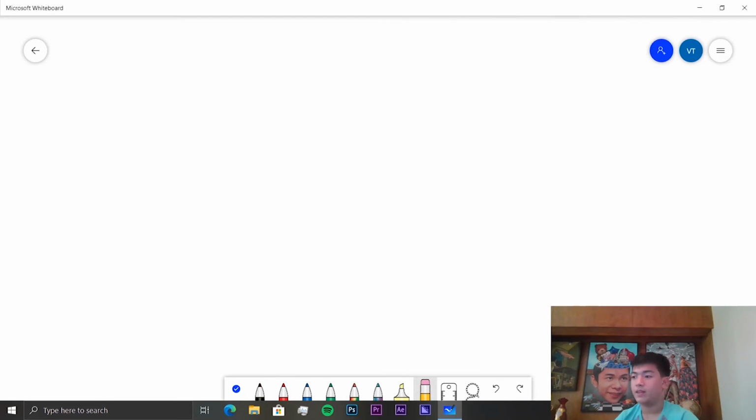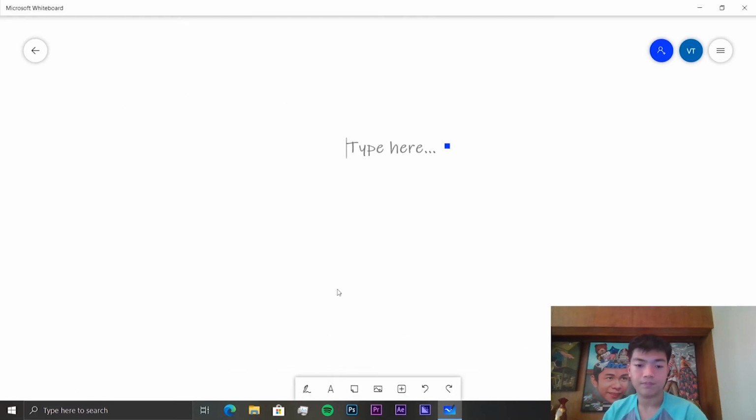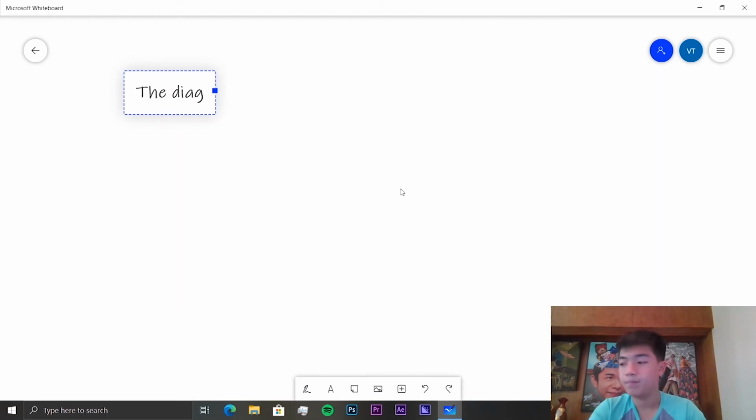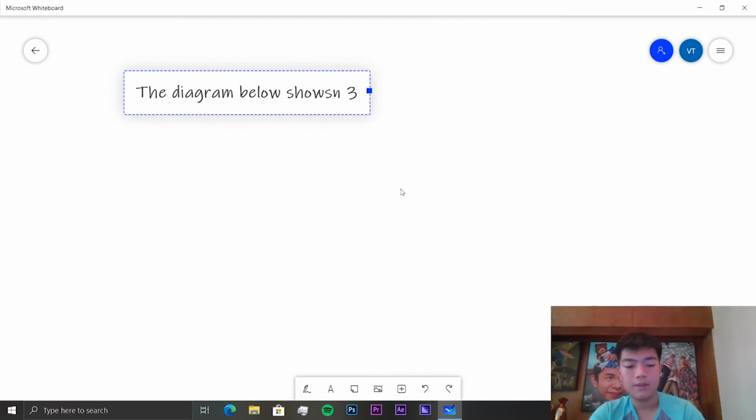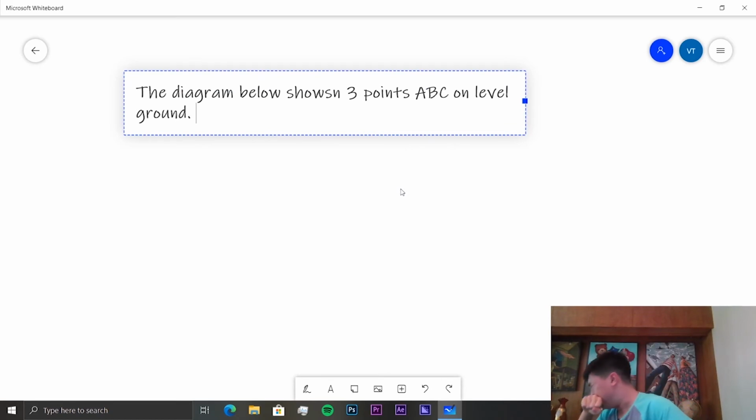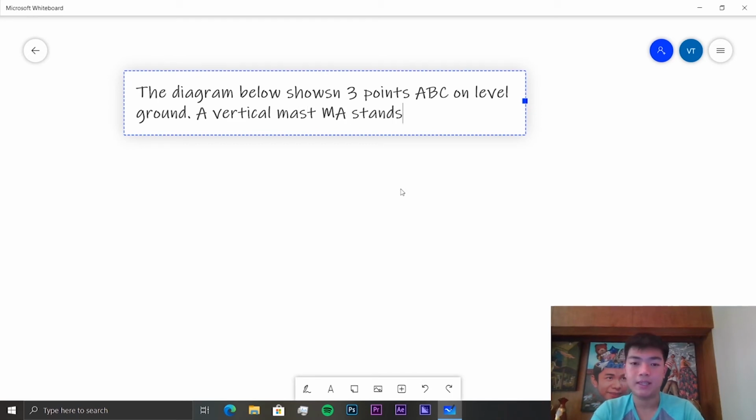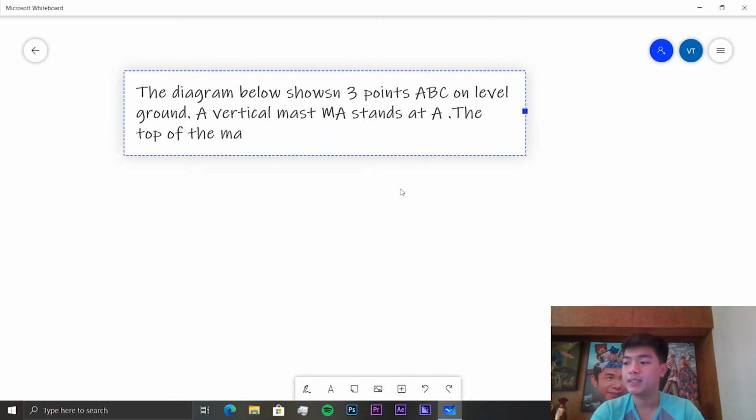So, finally, on to the last question. The diagram below shows 3 points A, B, C on level ground. A vertical mast MA stands at A. The top of the mast is supported by wires on the ground.